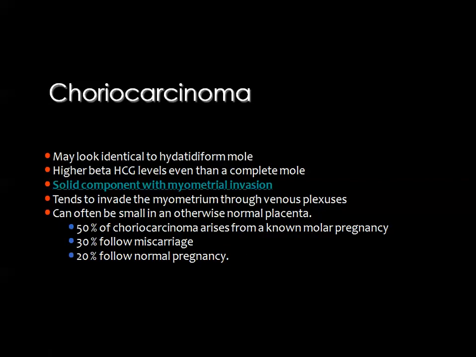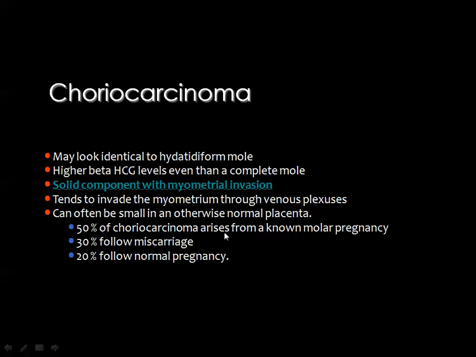Choriocarcinoma is a rare malignancy and is diagnosed by the elevation of beta human chorionic gonadotropin in blood. It appears as a solid lesion with myometrial invasion, which may simulate endometrial carcinoma. The lesion tends to invade the myometrium, and these are some of the appearances of choriocarcinoma.